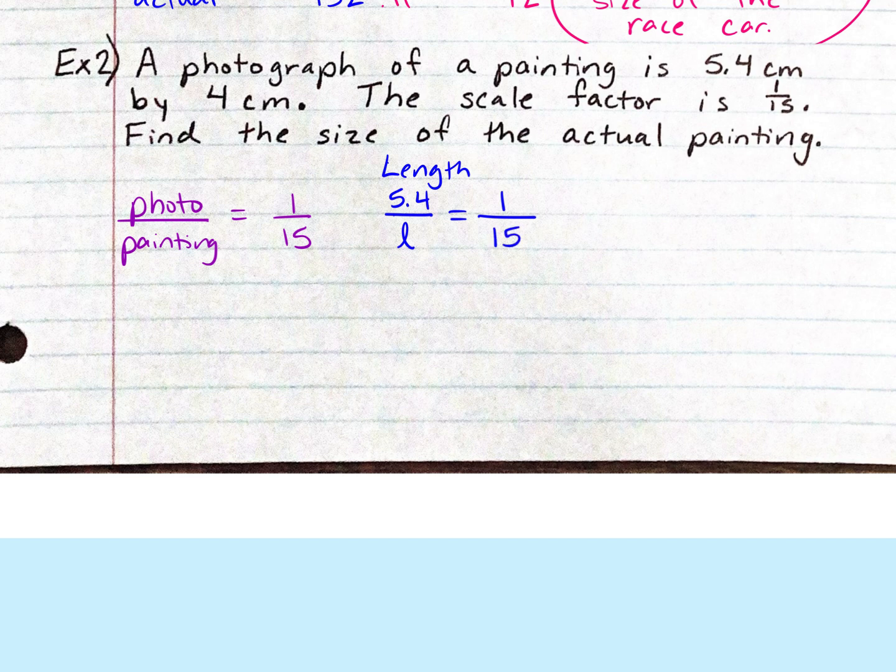That's coming from our scale factor. And we just go through and cross multiply. We're just solving a proportion. Length times 1, or 1 times L, is just L, the length, which is what we're trying to find. And then 5.4 times 15 is 81. So the length is 81 centimeters.